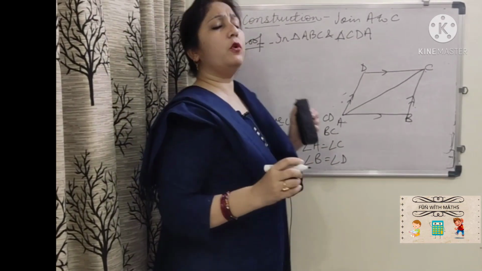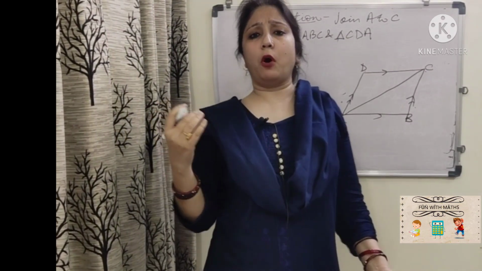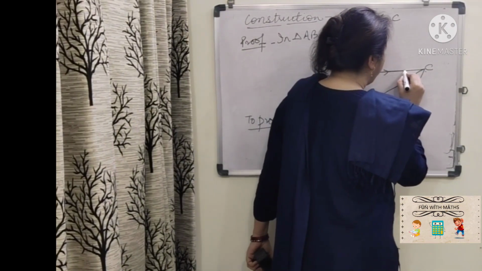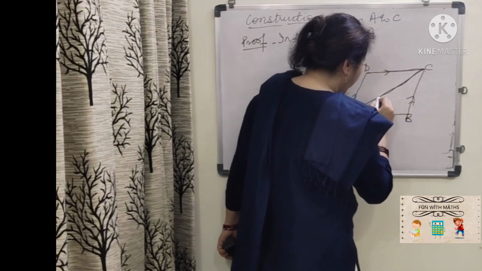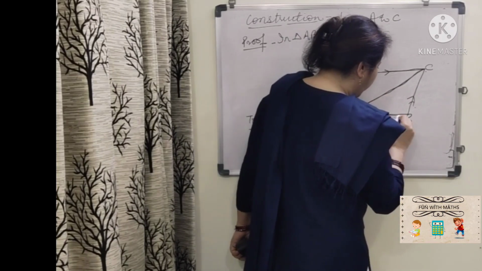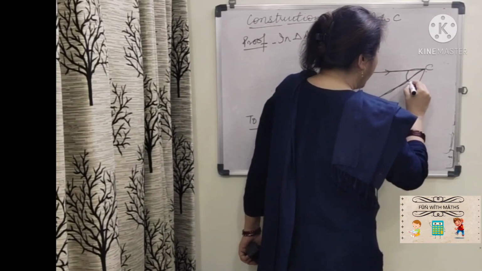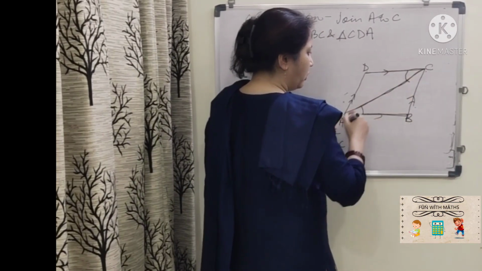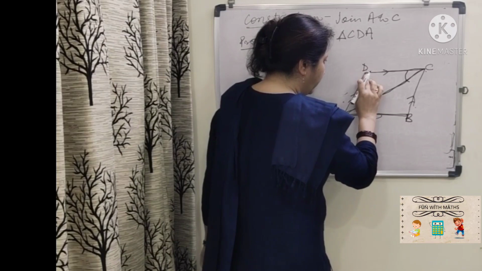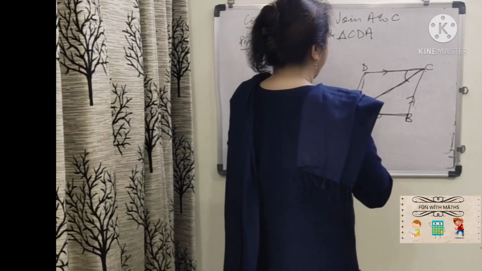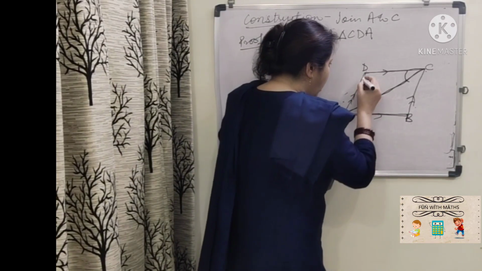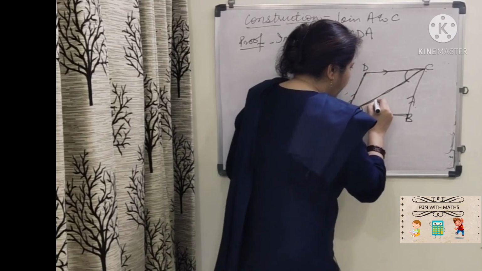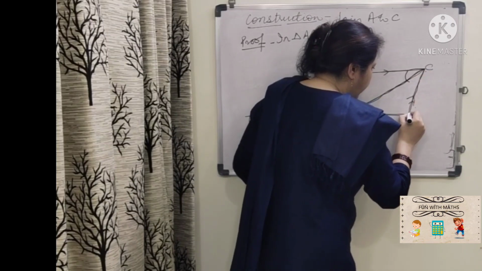Now children, if you can recall the properties of parallel lines, whenever this Z formation is there, we get alternate interior angles, whether it is horizontal or vertical, like this and this.